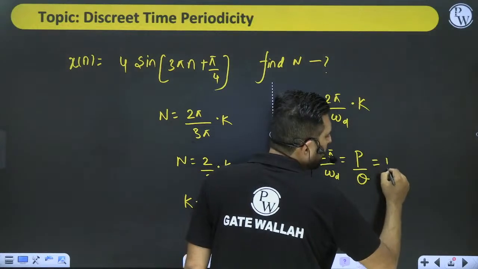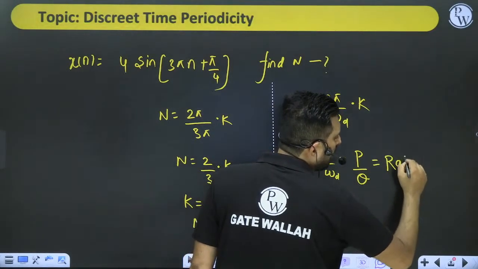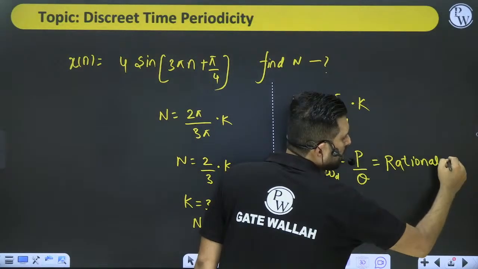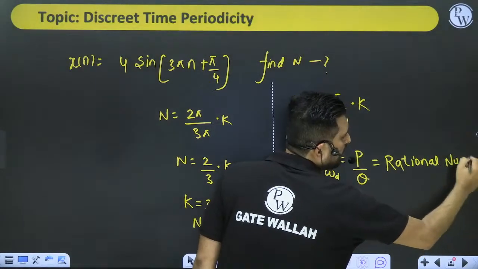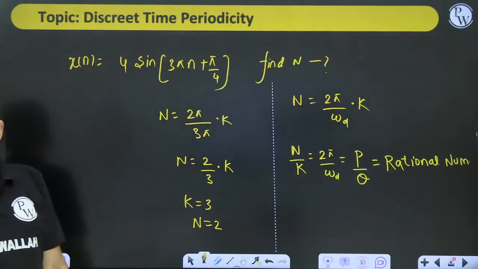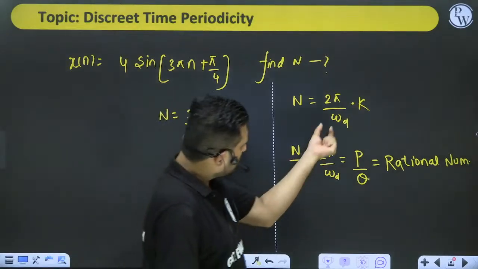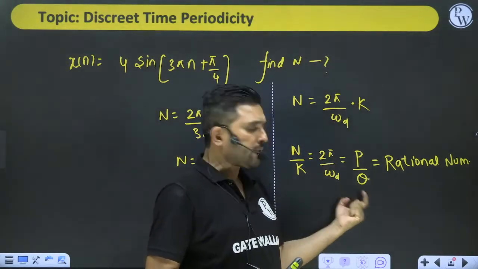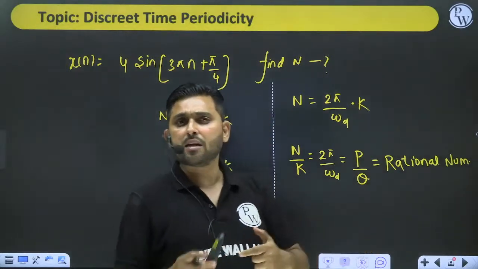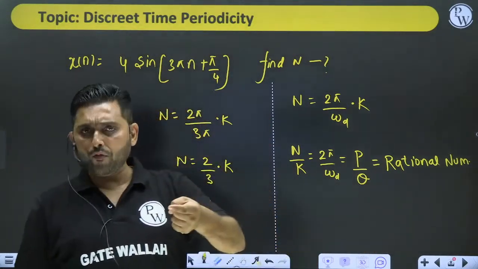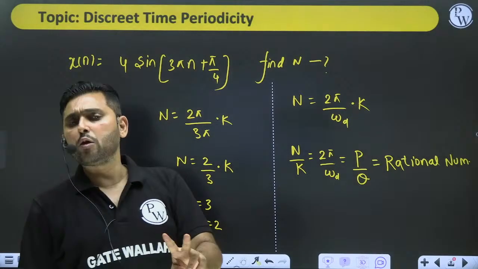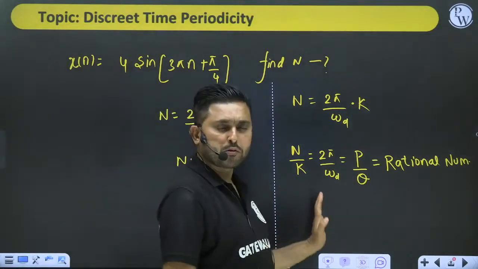That is a rational number. Very, very important point. What is the meaning here? That this n by k, or you are saying that 2 pi by omega d, must be a rational number. What is a rational number? Rational numbers are in the form of p by q, where p comma q belongs to integer. Q should not be equal to 0.